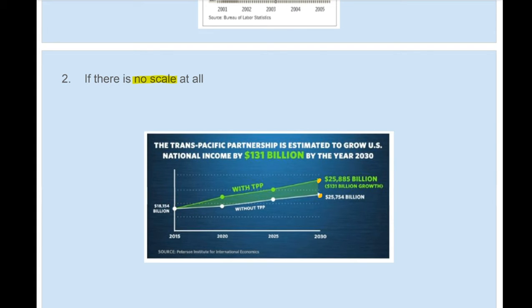And realistically, if we look at the values, 25,754 billion versus 25,885 billion, maybe it's not that much of an increase as it actually seems. So again, no scale makes it hard to accurately see the increase or the change.